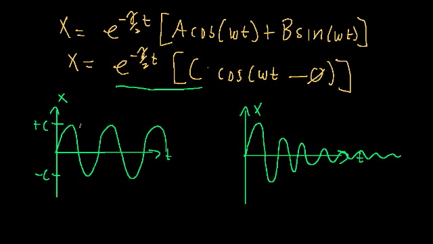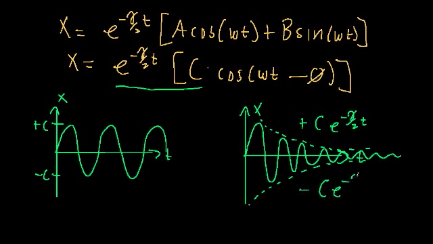In a way, you can think of it as here, our cosine term was bounded between plus c and minus c, whereas here, our cosine term is bounded between two exponentials. We have plus c times e to the negative gamma over 2 t, and minus c times e to the negative gamma over 2 t. So it's kind of like a cosine term that is trapped between this envelope here. So that's what's happening with the amplitude.